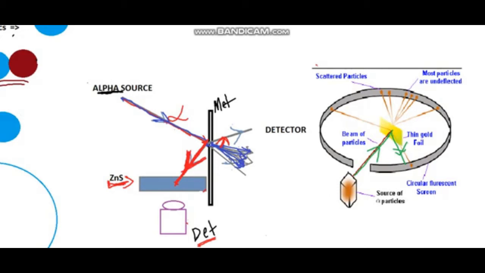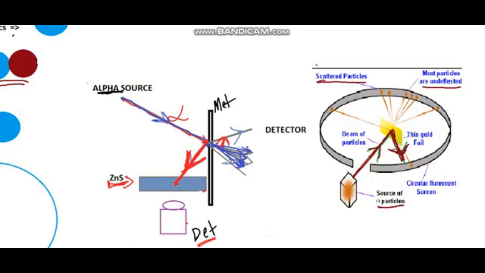We have an alpha particle source here, and these alpha particles are bombarded on the gold film, and most of the particles are undeflected, some particles are scattered at some angle, and very few are deflected back, as you can see.